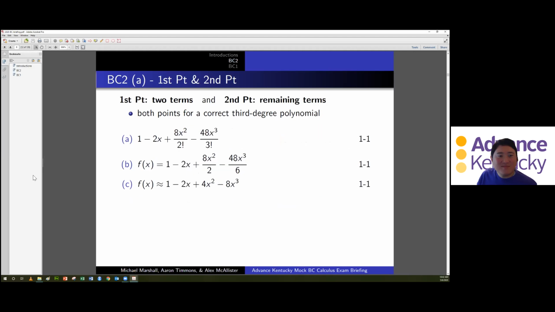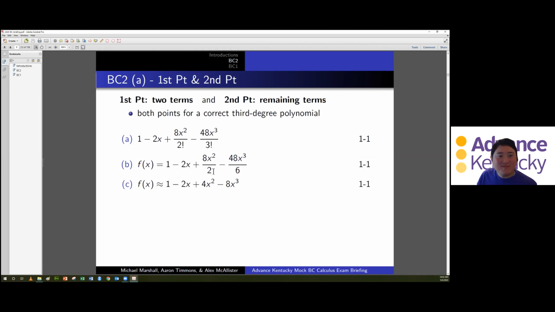So here are some examples to think about when grading, starting with some things that would earn full credit. We're not going to require them to necessarily simplify the Taylor polynomial. We might see factorials sitting in those denominators, or in example B, an f of x equals, which doesn't have to be there, but it's fine if it is.